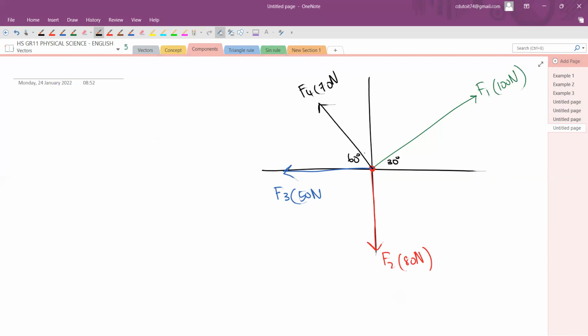Now, the reason they don't often give you this is because once you've got the concept, you're going to just rake in the marks, because now they want to know what is the resultant force. But you know what to do. You've just now got 4 forces that you have to get X and Y components for, and then add them all together and then make a resultant of that.